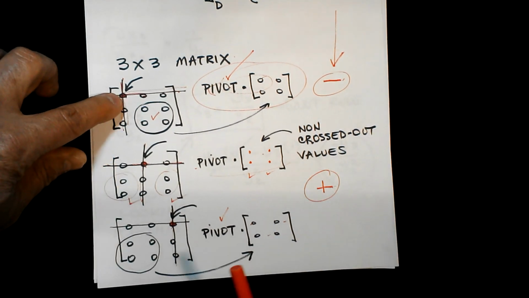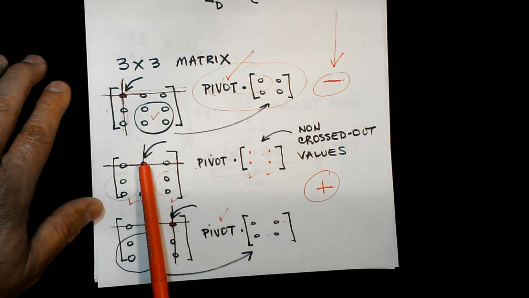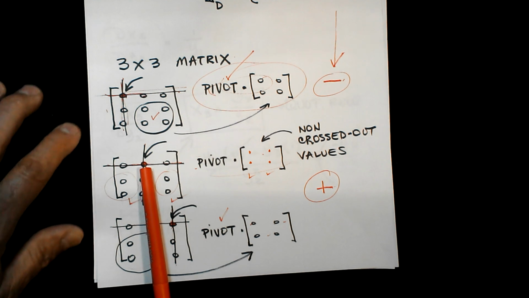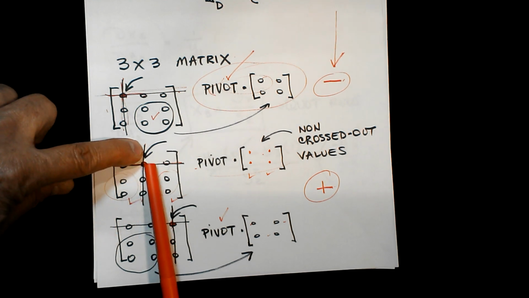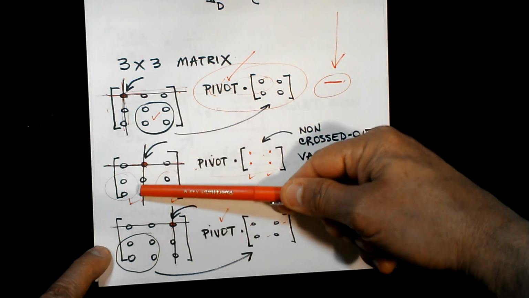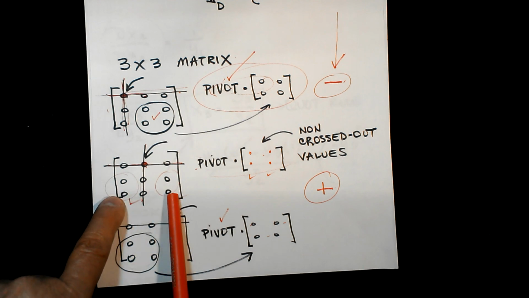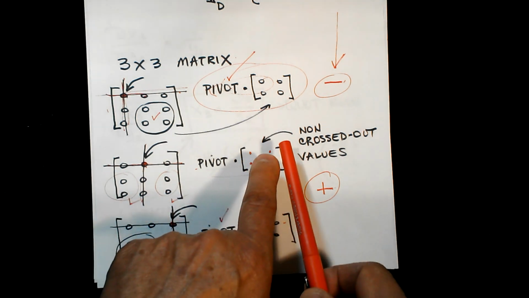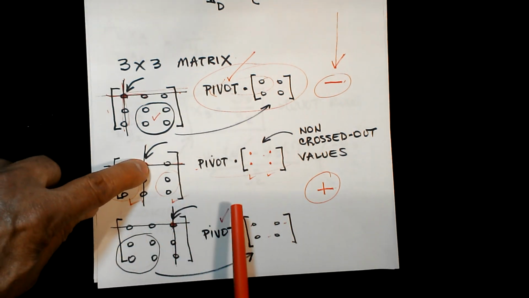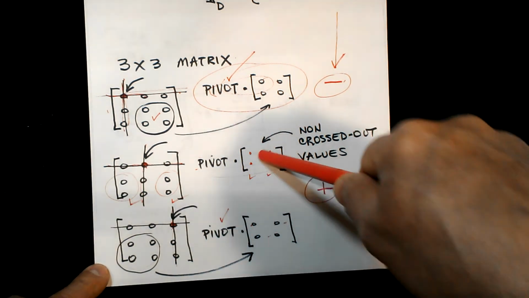Now, when you go to the second pivot, we've moved over here. You can see that I picked this to be the pivot. The arrow is pointing to it. Cross the row where the pivot is, cross the column where the pivot is. Now we have these 2 pieces that are going to come over here. And this pivot times the 2 by 2 matrix determinant.